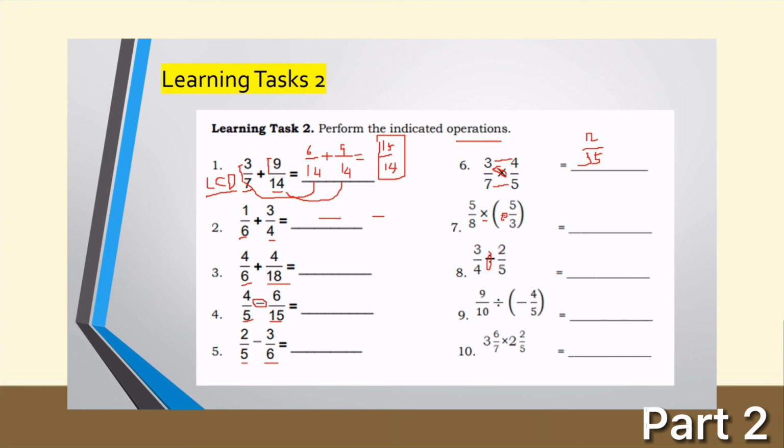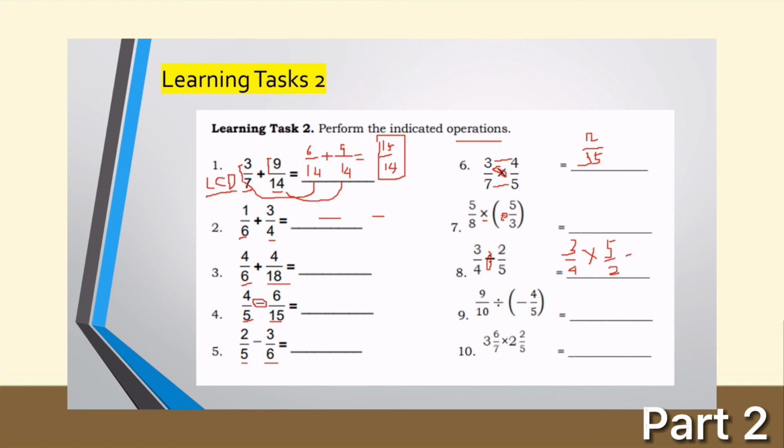For number 8, we have division. So, how do you divide fraction? So, multiply by its reciprocal. So, it will become 3 over 4 times the reciprocal of the divisor, or kabaliktaran, we have 5 over 2.